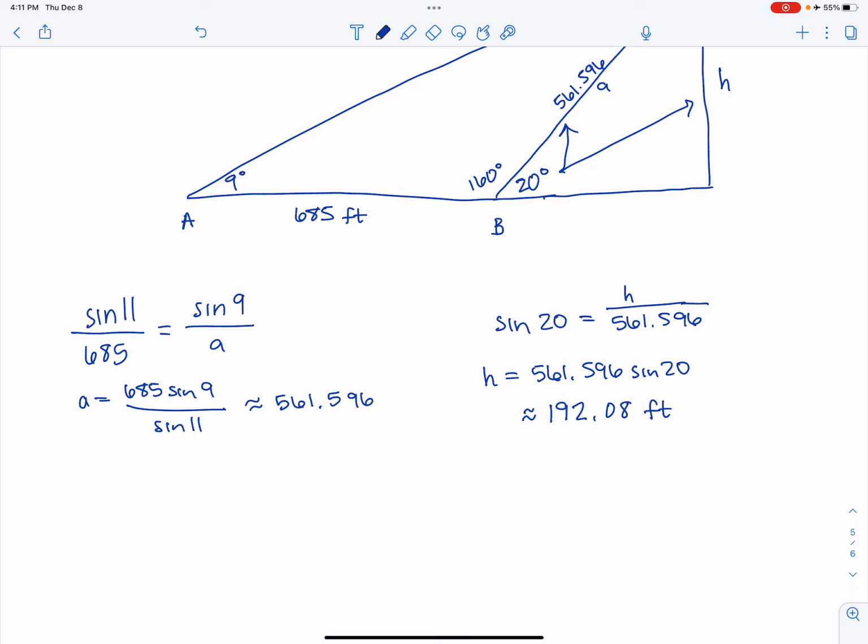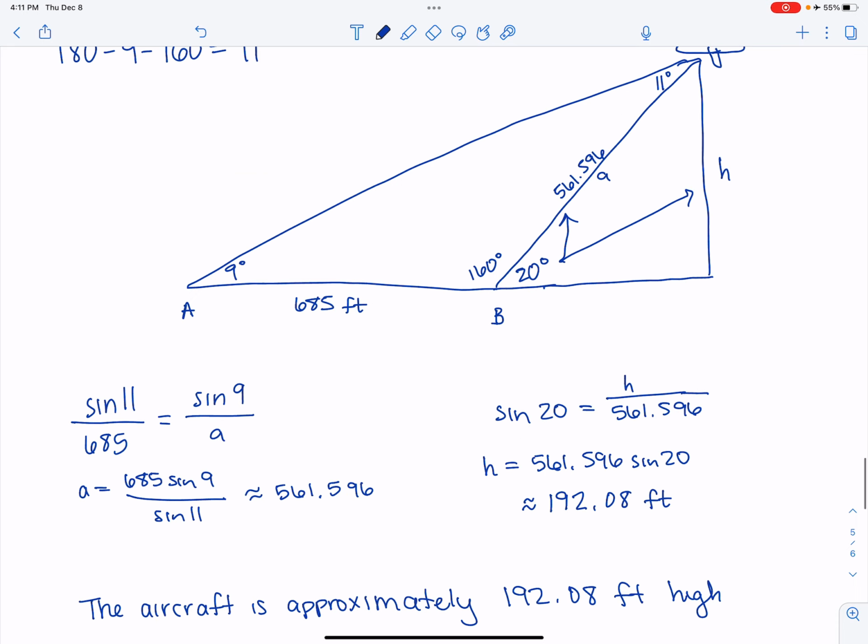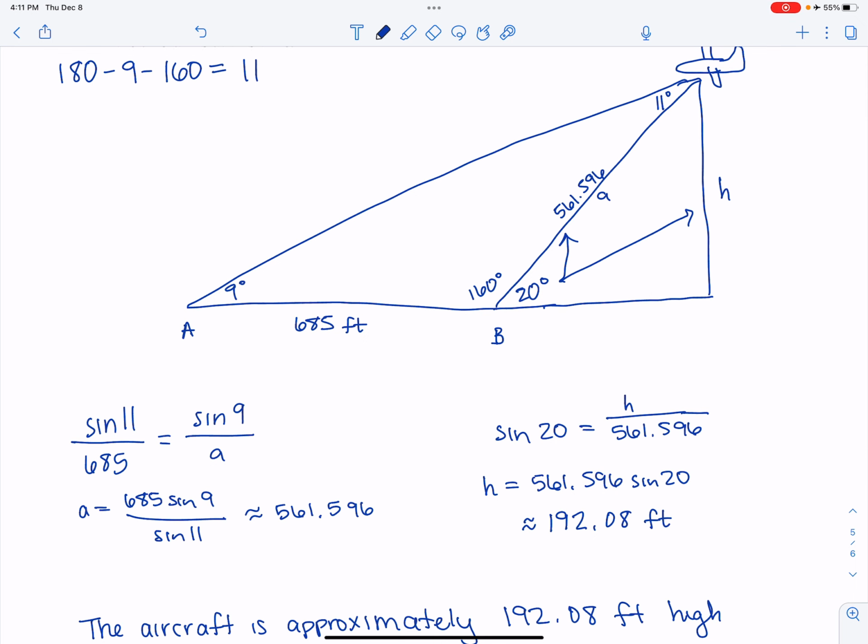So we would want to say the aircraft is approximately 192.08 feet high. Okay, and there we go. We got to do law of sines and our trig function.